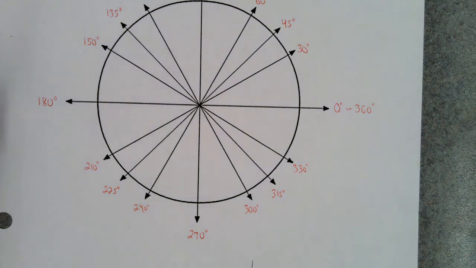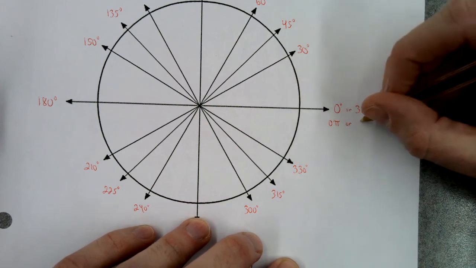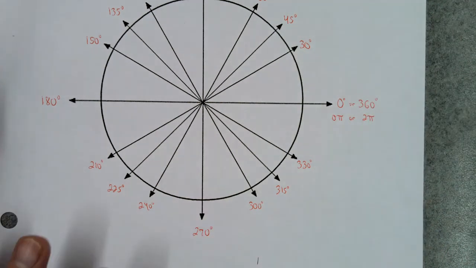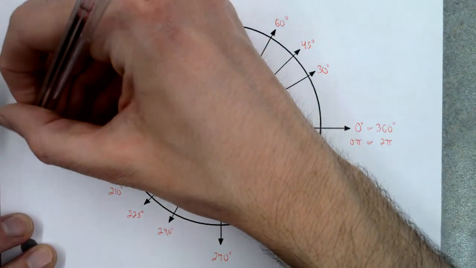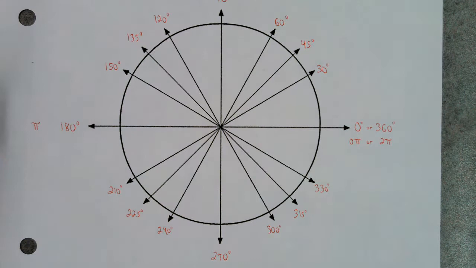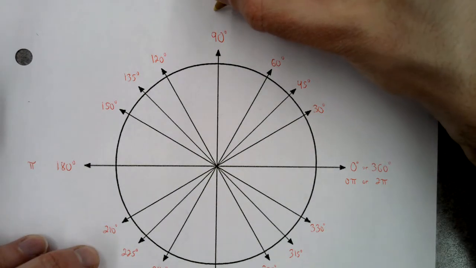We also did the radian measures. So I'll do that over here, 0 pi or 2 pi when we get around. And we did that already. So this one was pi. This one up here is pi over 2.